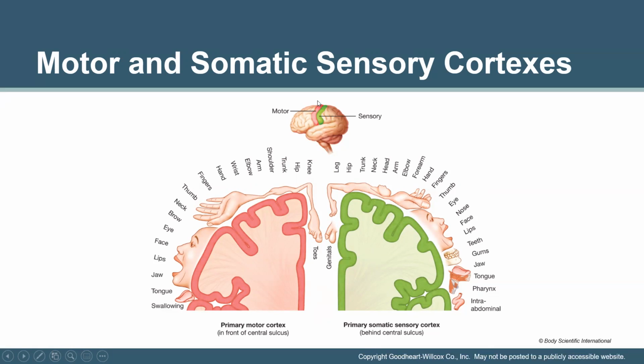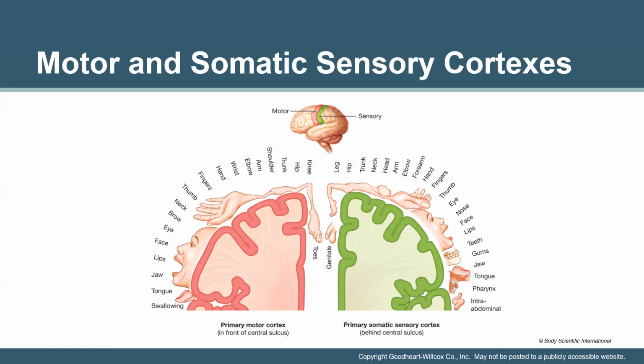Now, right behind that central sulcus, we have the gyrus behind that. This is our primary somatic sensory cortex. So we're bringing information into this area from somatic regions in our body. Remember, somatic: body wall, muscle, bone, joint stuff.